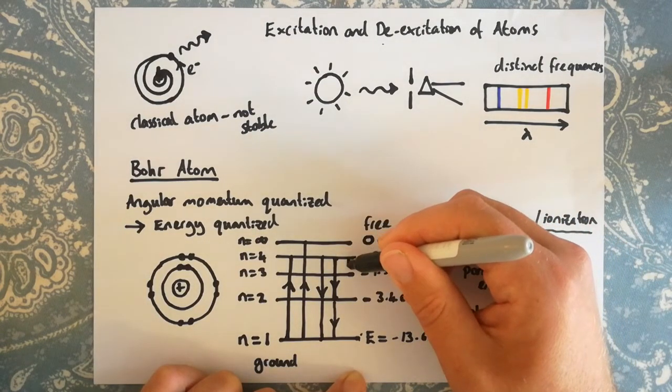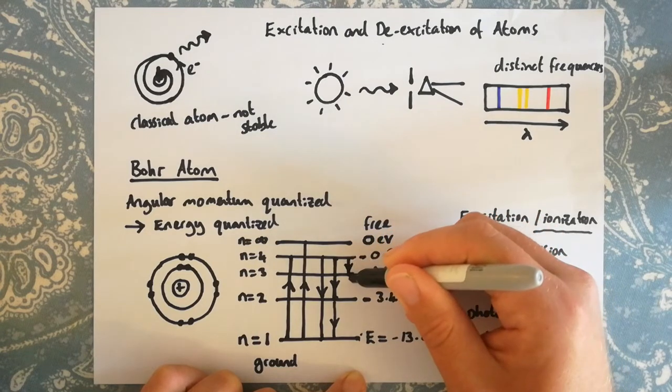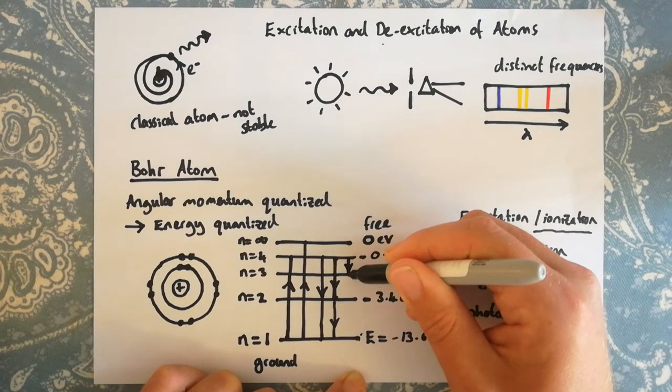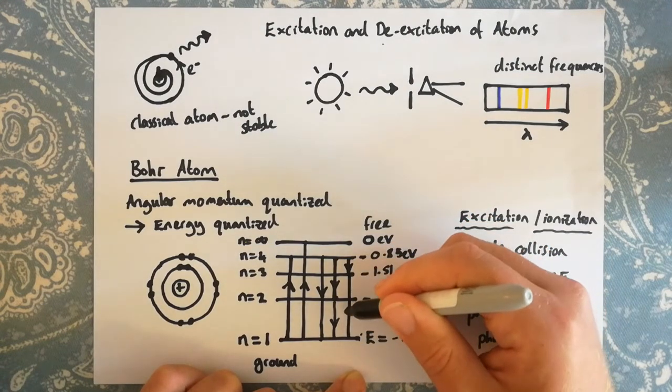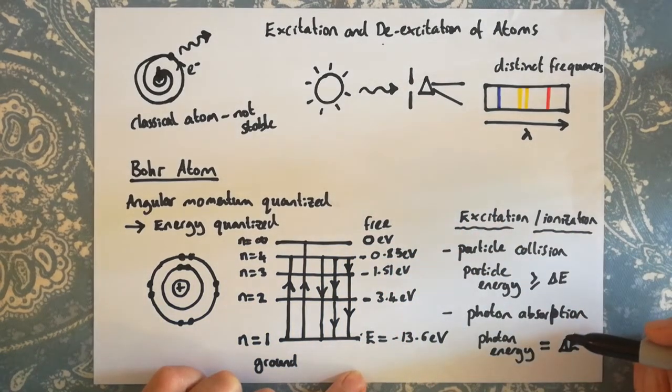There's another final way that it could de-excite, and that's by doing a smaller step first and then a double step from 3 down to 1.